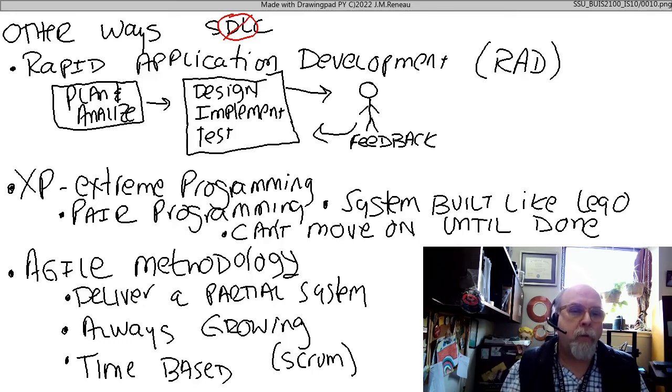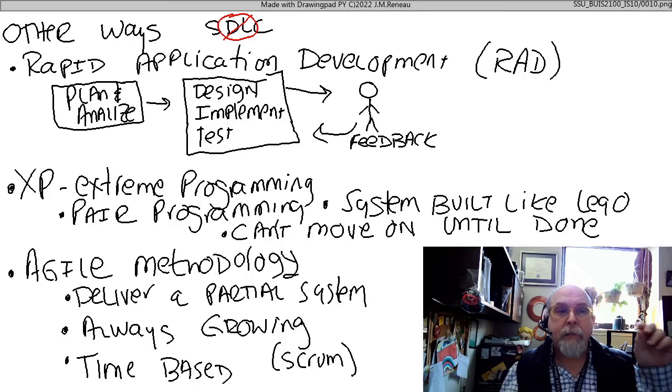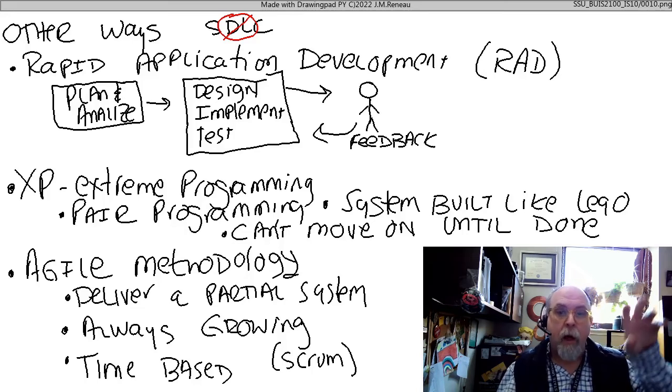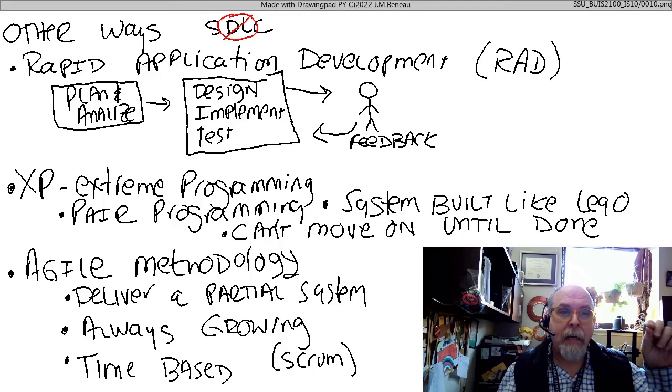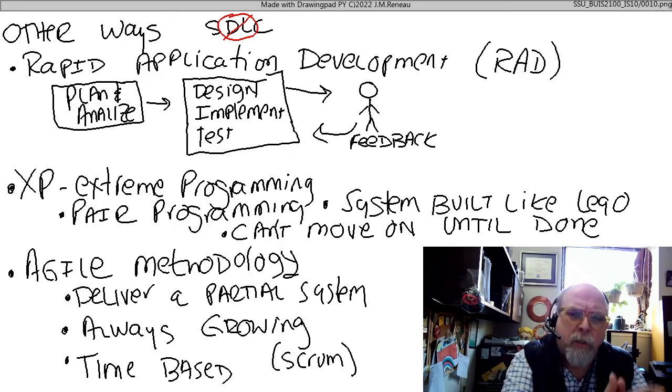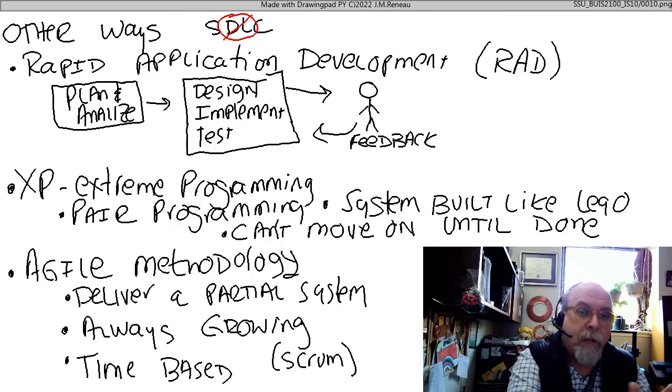Three of them that I just want to go into are the rapid application development, where instead of the planning, analysis, design, implementation all being in a circle, you plan and analyze, and then you design and implement a little bit of the system. You feed it to the users, and through the users' feedback, you design and implement additional parts. It allows for us to get a system that sort of works out quick and then grow into it.